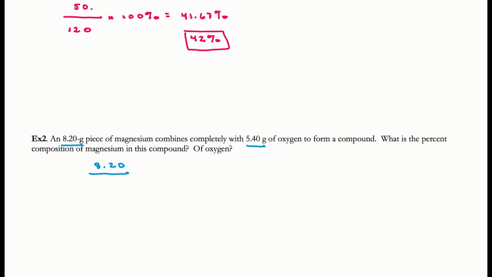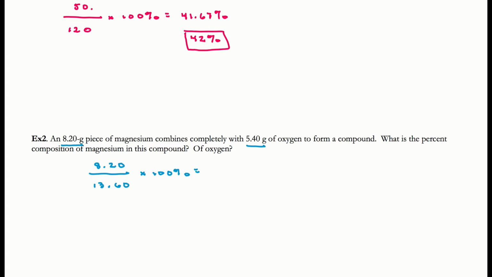Right now I don't know the total mass. I know the mass of magnesium and the mass of oxygen, so when I add those together, that gives me the total mass, which is 13.60. Multiply that by 100%, and that will tell me what percent of this compound, magnesium oxide, is magnesium.